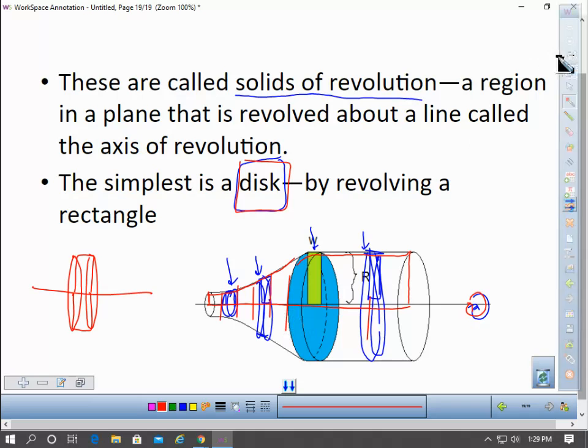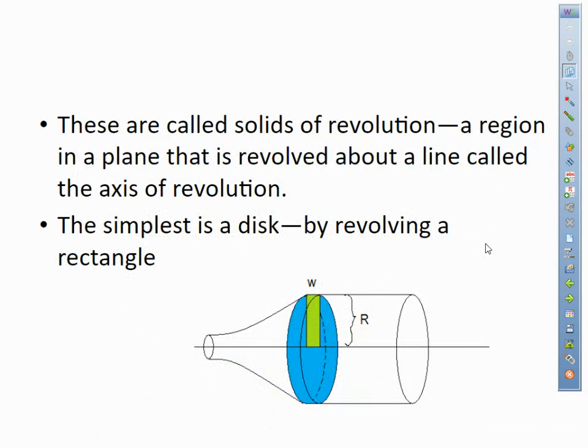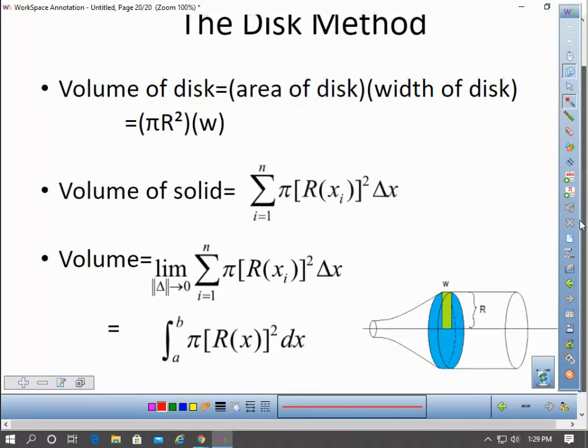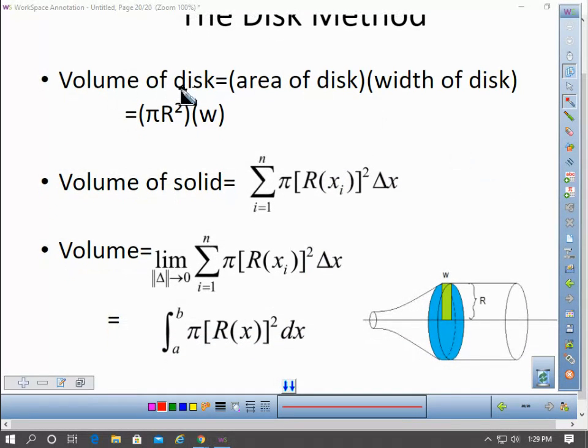So if you can imagine where we're going with this, don't let this next slide bother you. The volume of a disc is the area of the circle, the area of the disc, times the width. So to get the area of this blue disc, I need the area of the circle, and then I multiply that times the width or the height of this to get the volume of this little cylinder, which is a disc.